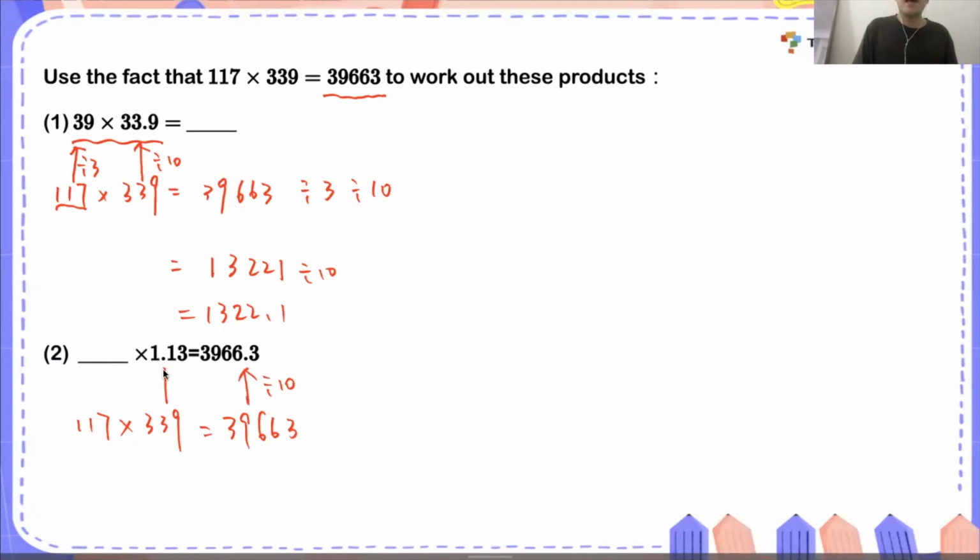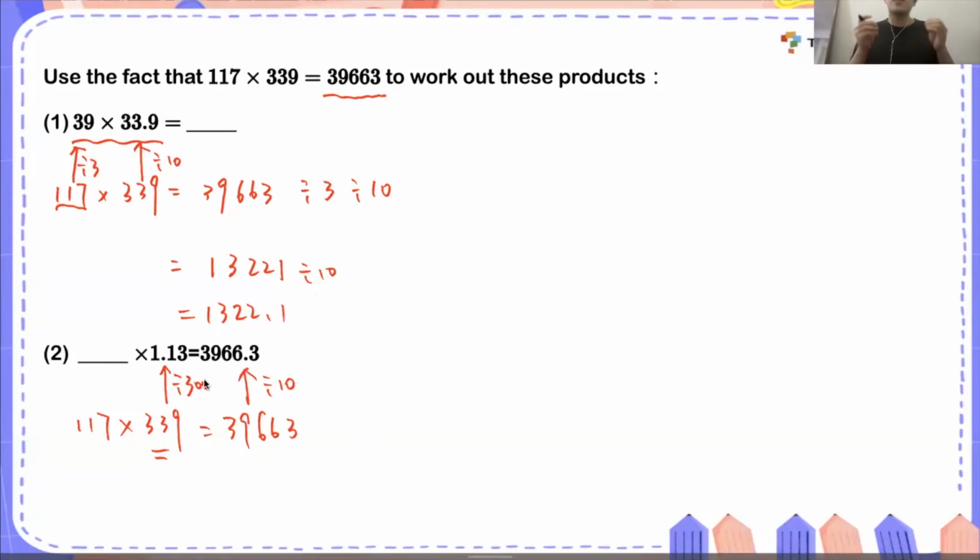Okay. And for this number, from 339 change to 1.13, how did this number change, that is divided by 300.